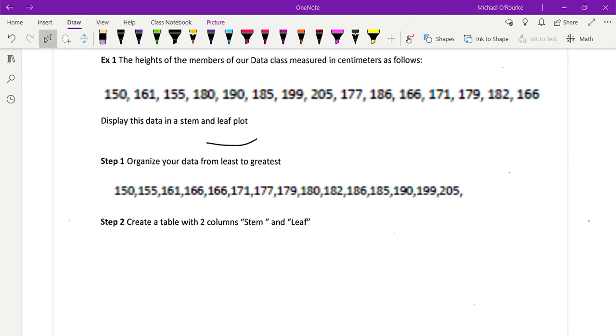Okay. So everyone should almost be done that list. So first part to a stem leaf plot, we order them in smallest to largest. I'm just going to title this note Stem Leaf Plot. I wouldn't even title it right now because you can look it up online.